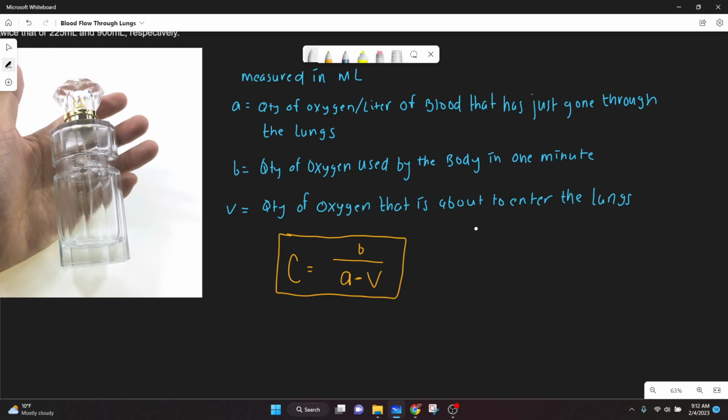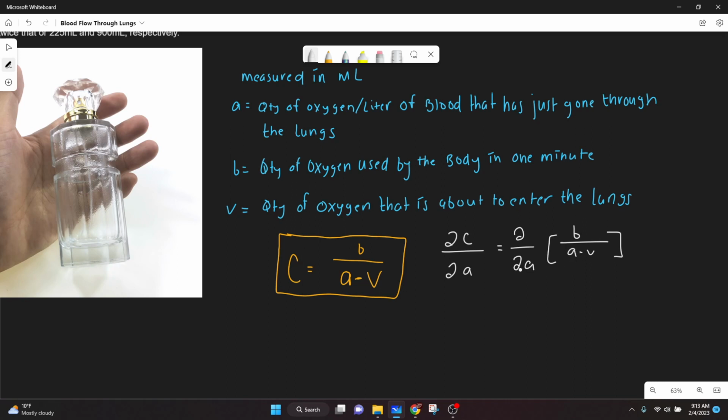We can find the partial derivative of C with respect to A, equal to the partial derivative with respect to A of B over A minus V.